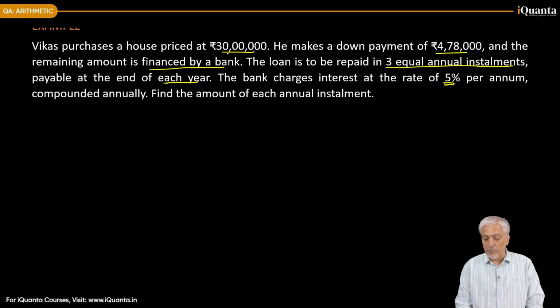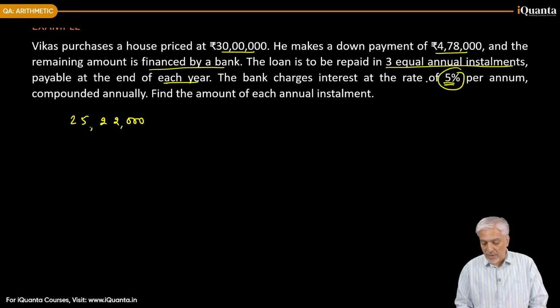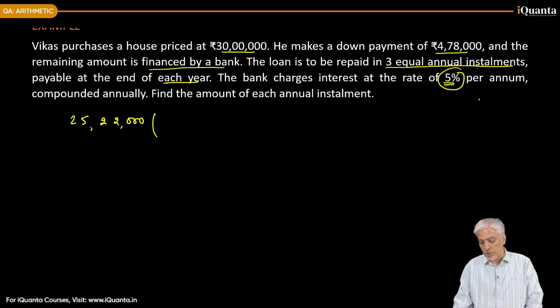I just need to find out how much is the loan. So it will be 25 lakhs and 22,000. 25 lakhs, 22,000 is the amount of loan at the rate of 5% for 3 years. 5% becomes 1 plus 5 upon 100. Okay, I'm just showing it to you over here. 1 plus 5 upon 100, which is 1 by 20.